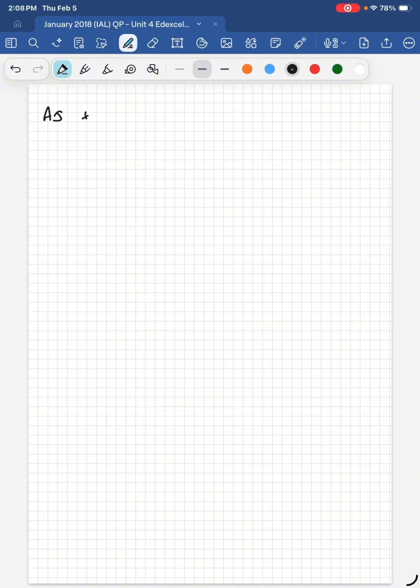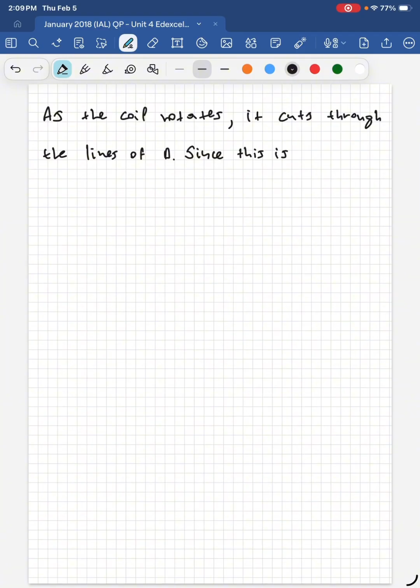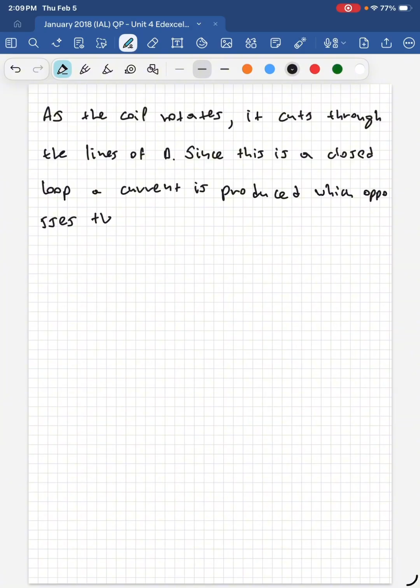So as the coil rotates, it cuts through the lines of B. Since this is a closed loop, a current is produced which opposes the reason it created it.